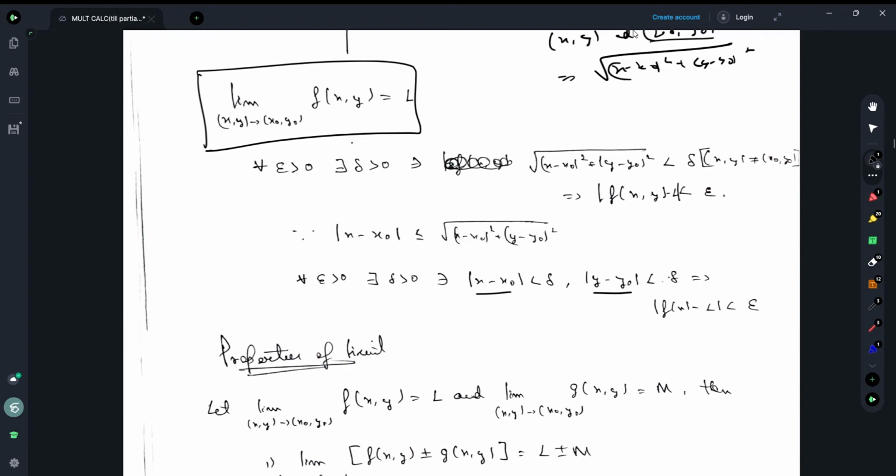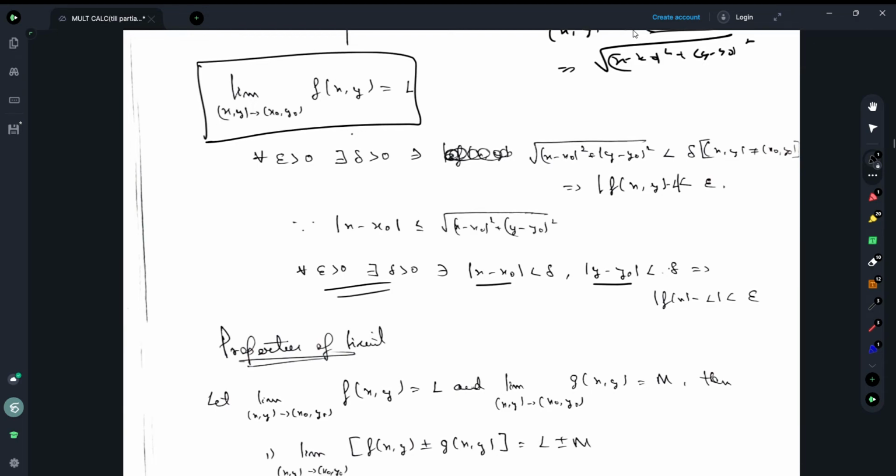Is it clear? The same thing: a point getting close to another point means that on the x-axis it is getting close to the abscissa, and on the y-axis it is getting close to the ordinate. We did the same thing here. (x,y) approaching (x0,y0) means that x is approaching x0 and y is approaching y0. Clear? So this is another delta epsilon definition of the multivariable limit.